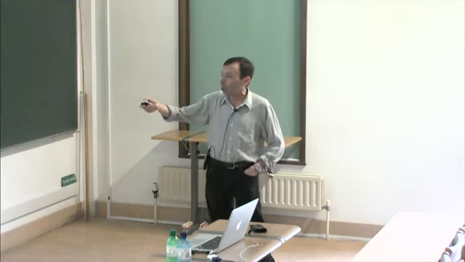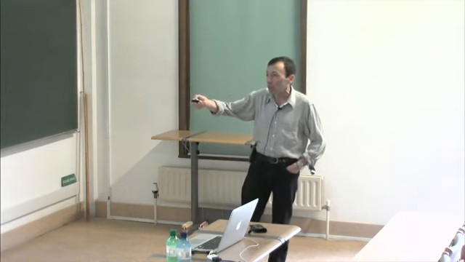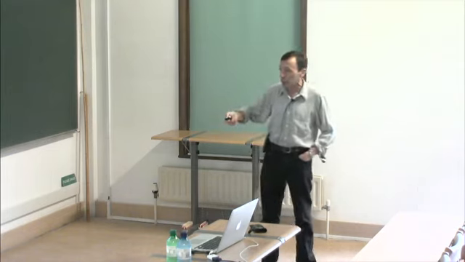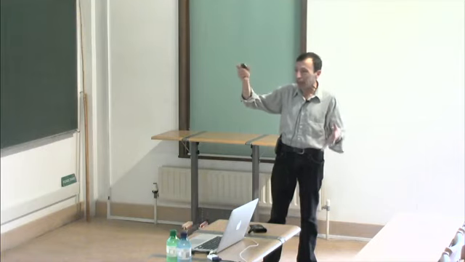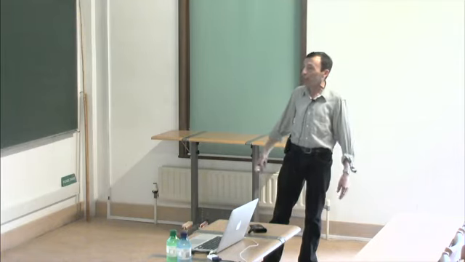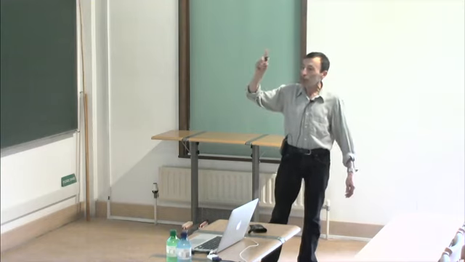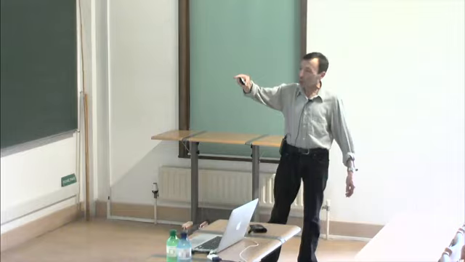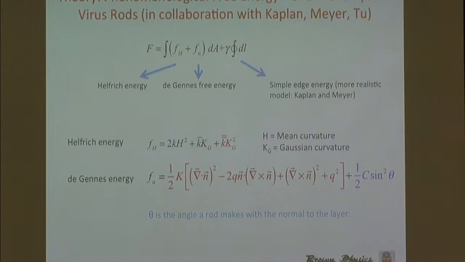Then, the de Gennes energy, we're just looking at it in the simple case of a single elastic constant. So this is, more technically, the Frank free energy in these red terms, in the one elastic constant approximation with chirality. That's all that's there.